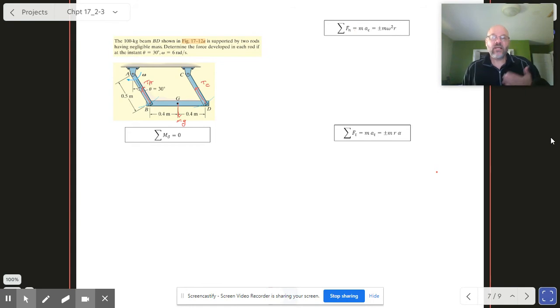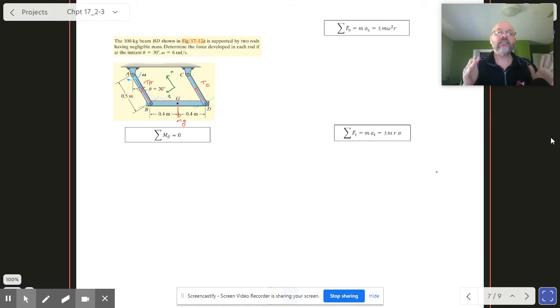Okay. Now, in terms of our coordinate system, which remember we are going to set it up where we've got normals this way and tangentials this way. The two tensions are already aligned with how we want to set this thing up. So we don't need to do anything special with those.